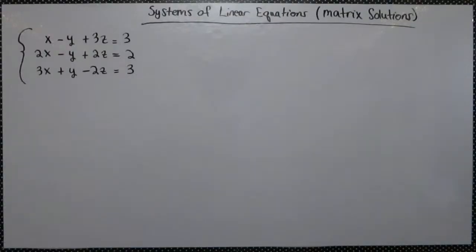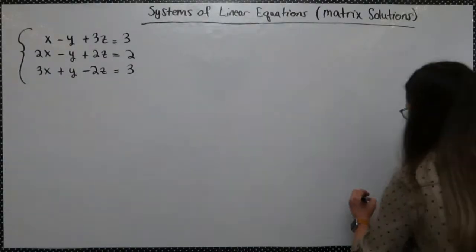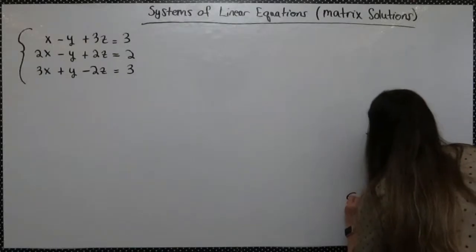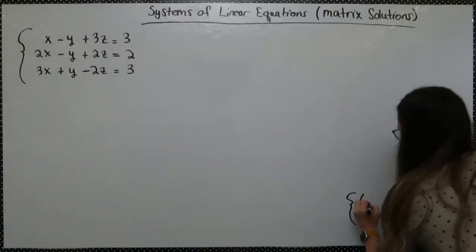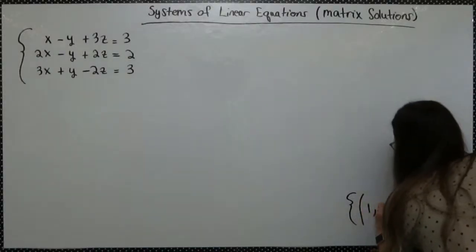Here we go. x equals 1, y equals 4, and z equals 2. So we'll put this at the end here. 1, 4, 2.